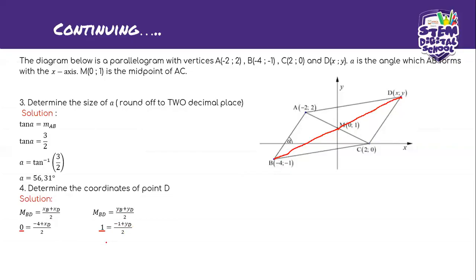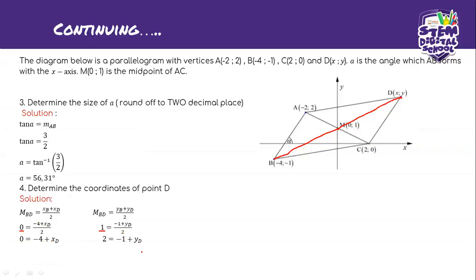Then step number 2, we're going to cross multiply. 2 multiplied by 0 is 0, equals -4 plus XD. Then here, you're also going to cross multiply. 2 times 1 equals 2, equals -1 plus YD, right?